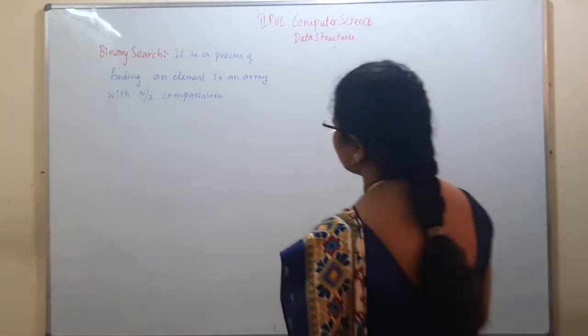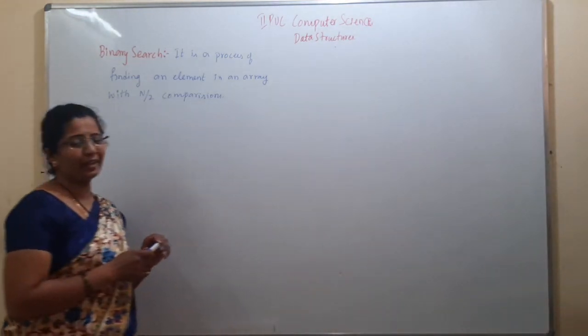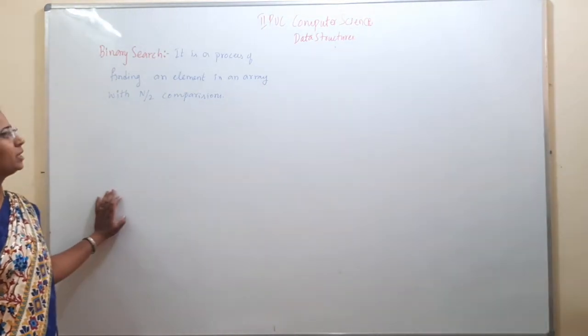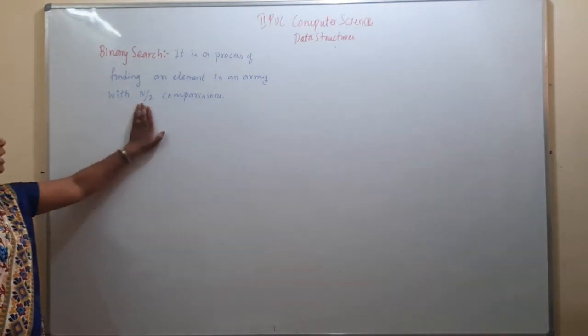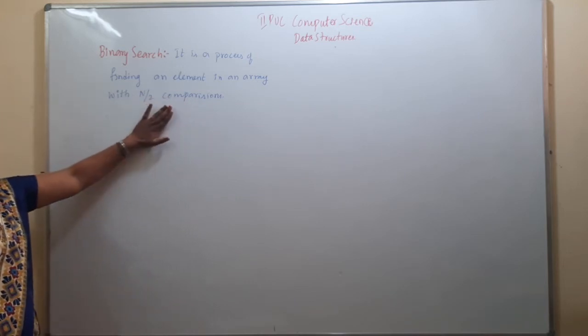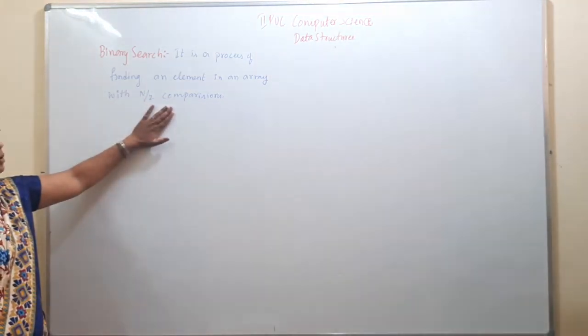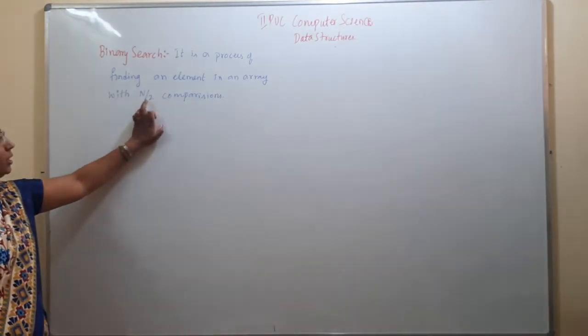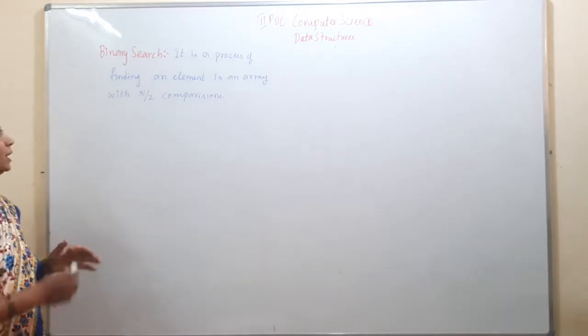We'll continue now with binary search. What is binary search? It is also finding an element in the given array, with only n by 2 comparisons. Linear search is also finding an element sequentially with n comparisons, while here it is n by 2 comparisons.